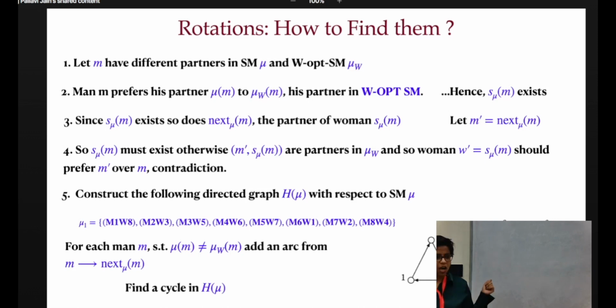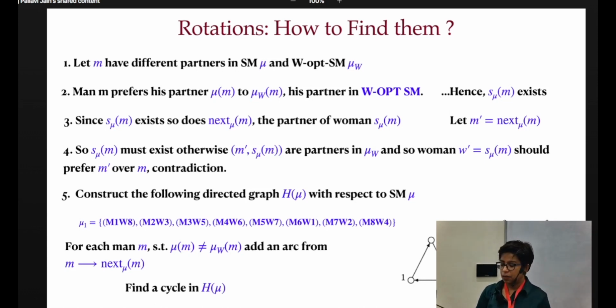Now quickly tell me, how many rotations can there be in a given instance? N by 2? Why n by 2? Okay, but a man can participate in multiple rotations, no? Not in the same matching, but in different matchings.